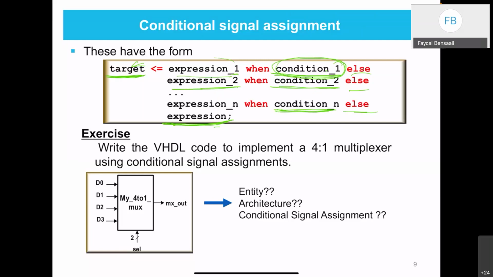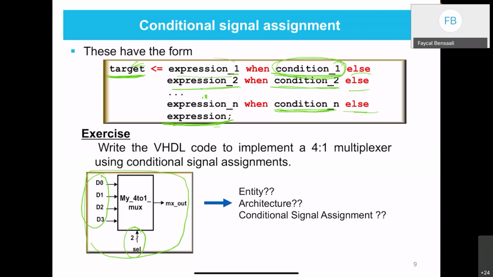And that's it. So if now we ask you to implement this 4-to-1 multiplexer using this conditional signal assignment. I think for the entity it's clear, right? We have D0, D1, D2, D3 as inputs, and we have select as an STD logic vector.